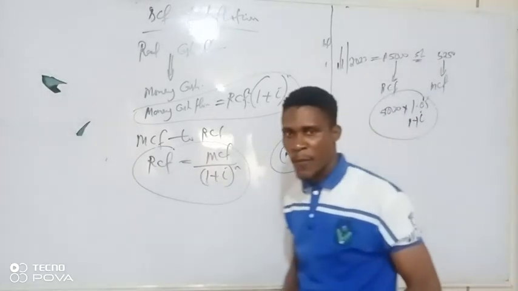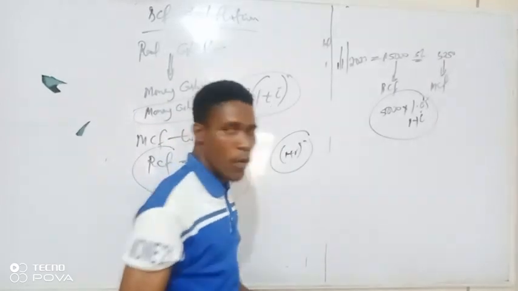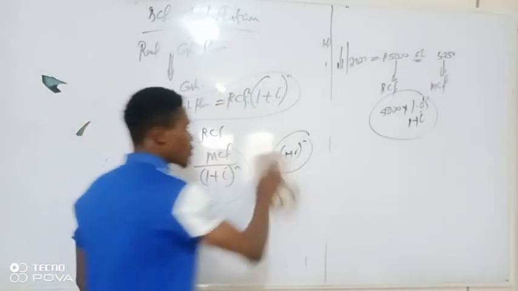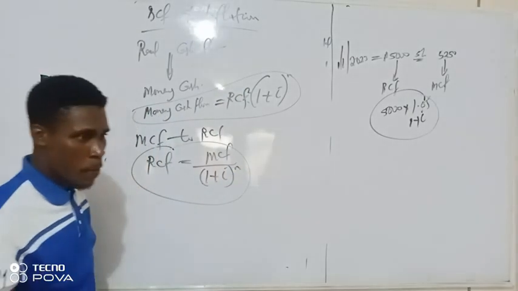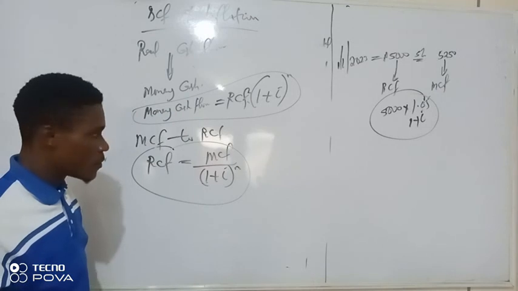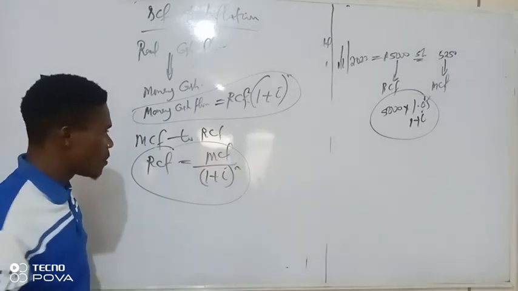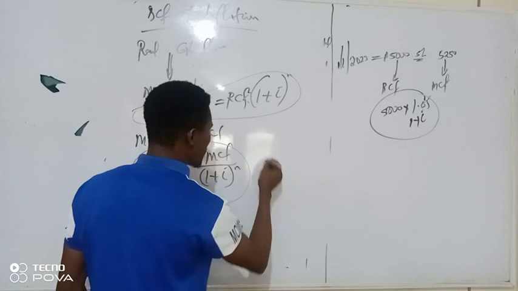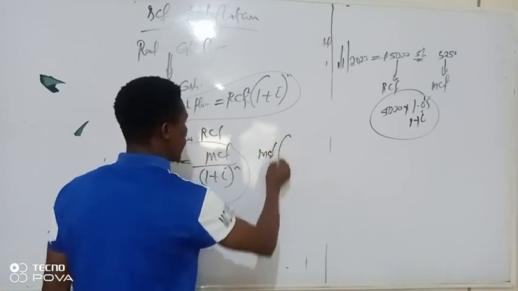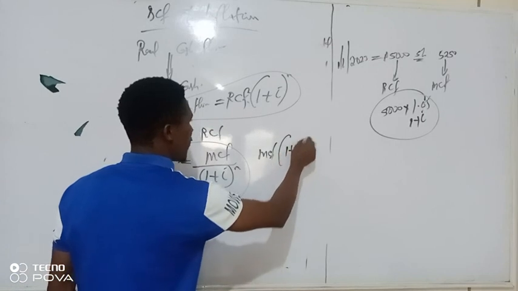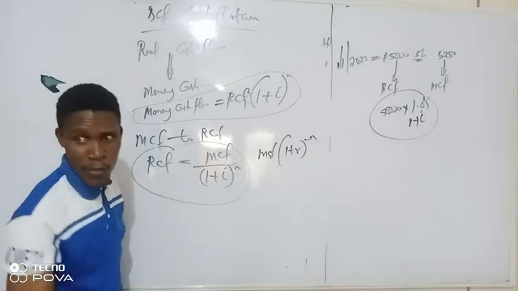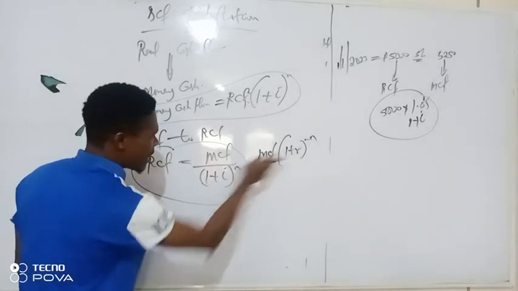You can do MCF, you are reducing it, but you are inflating with this compounding factor. That was the discounting factor. I say you can do MCF into brackets 1 plus R to the power minus n, by multiplying, since you know this, you get 1 plus R to the power minus n. It is the same thing.